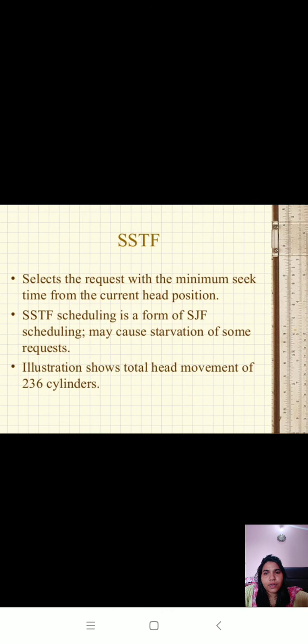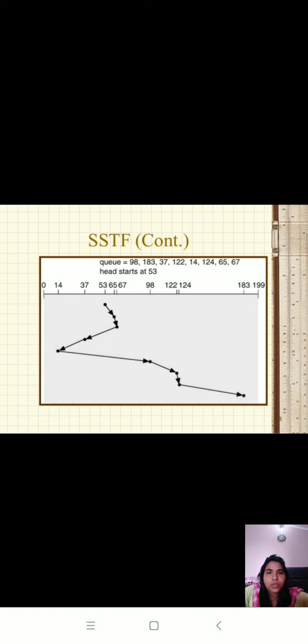Okay, so let's start with the shortest seek time first. It is also an algorithm to resolve this kind of cylindrical problem. Okay, so we have the same problem, but the method to resolve this problem with SSTF is different.